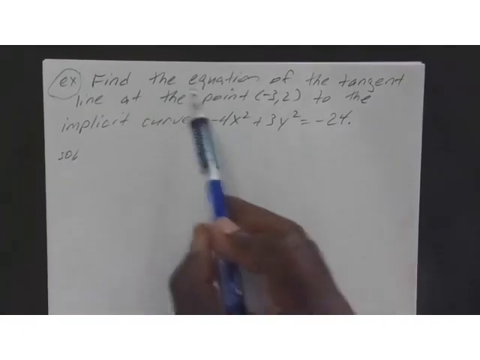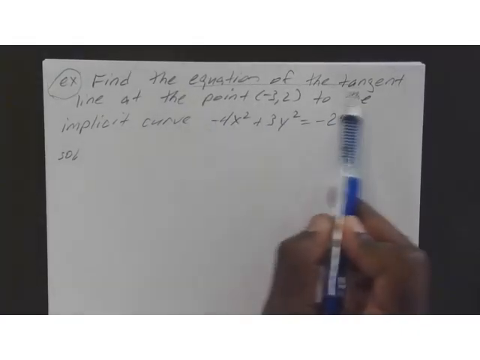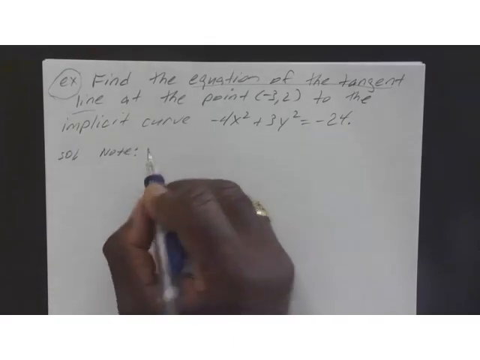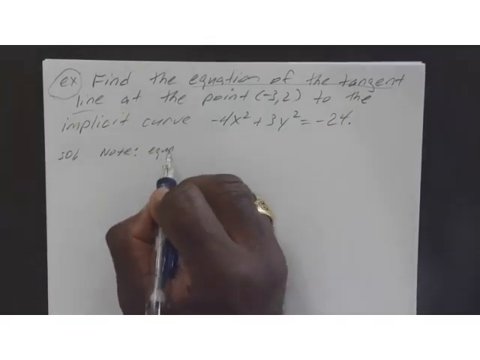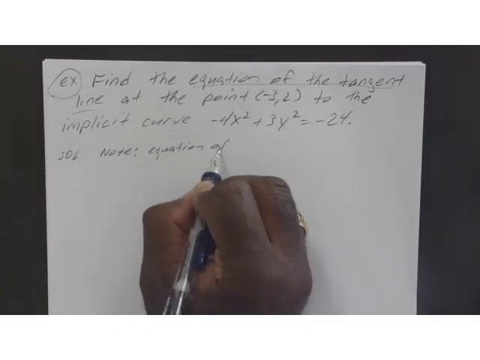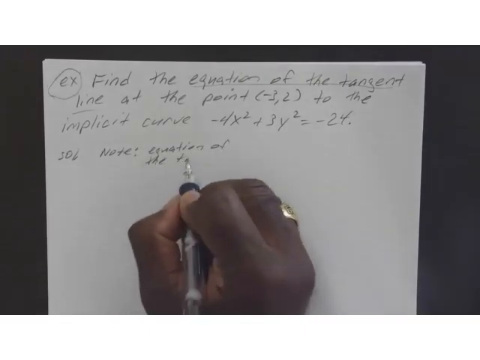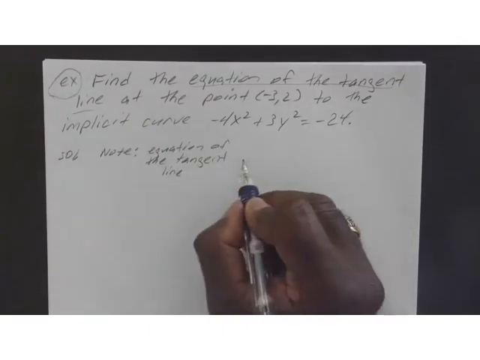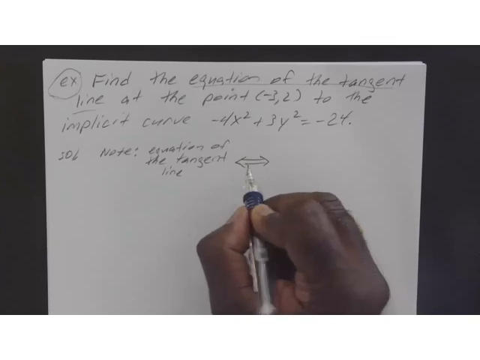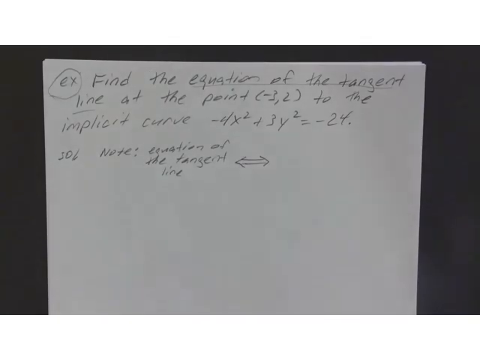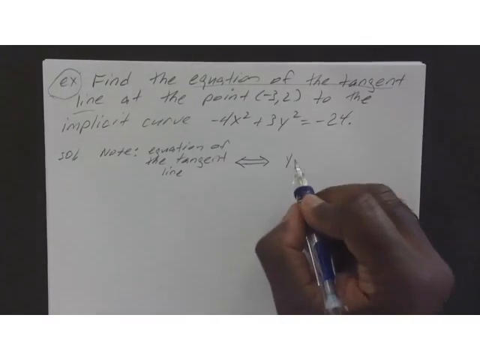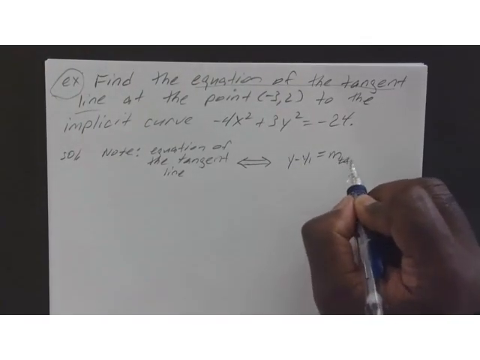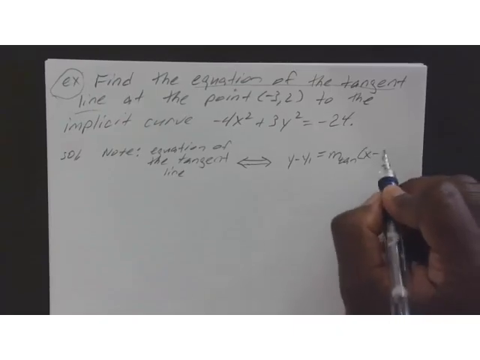So if you remember, whenever you see a question that asks for the equation of the tangent line, that means you're going to use some form of the point slope formula. So y minus y1 is equal to the slope times x minus x1.